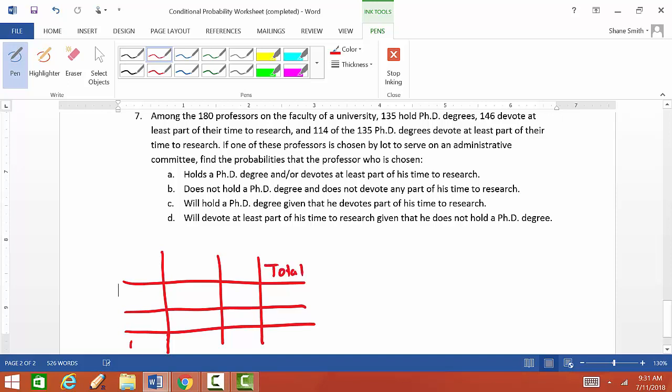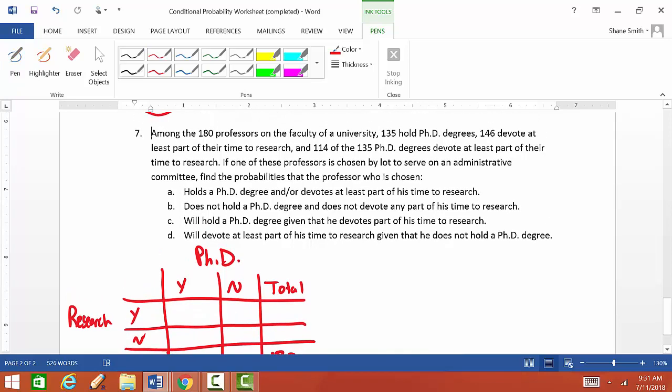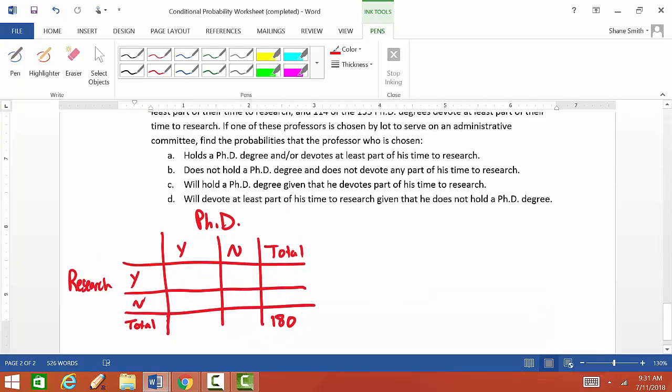So we have a total of 180, and then we have PhD first. So I'm going to put PhD up here, and then I'm going to put research down here. And then yes, no, yes, no. Get my cursor out of the way so it's not quite as distracting.